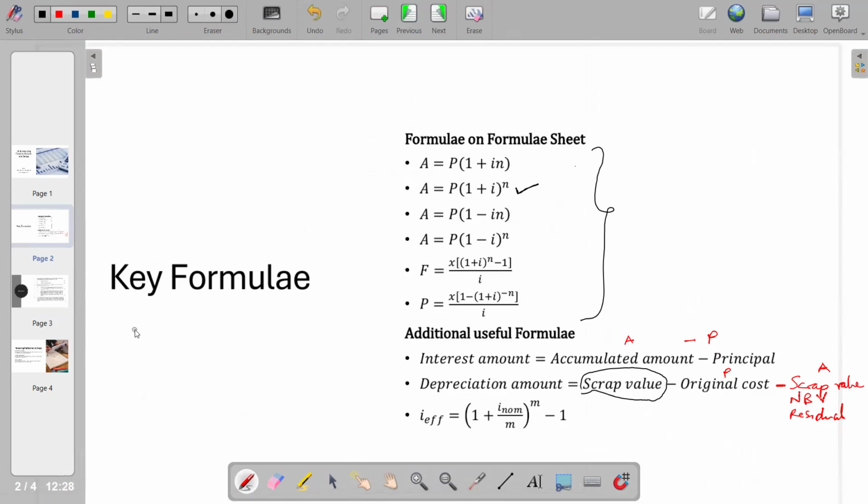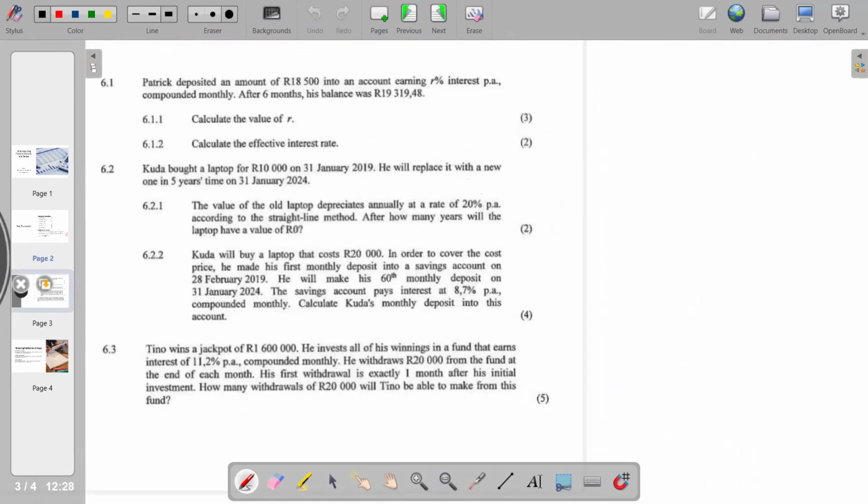We have our A being equal to P open bracket 1 plus i close bracket to the power n. Our A is the accumulated amount.